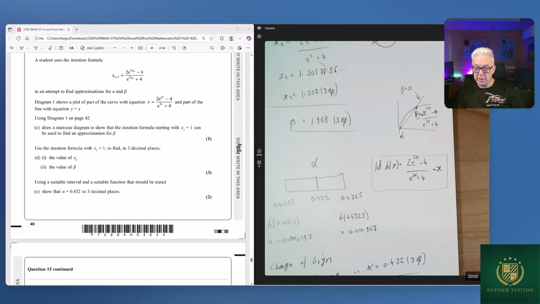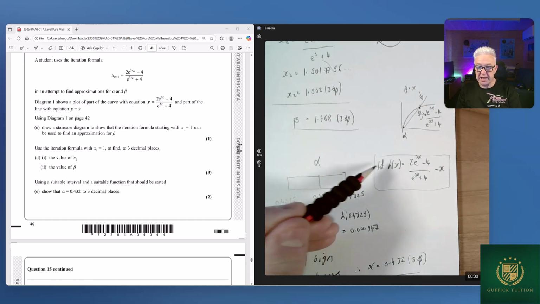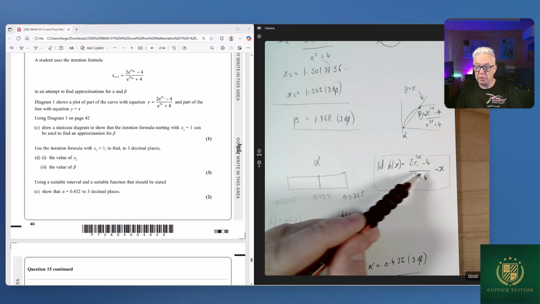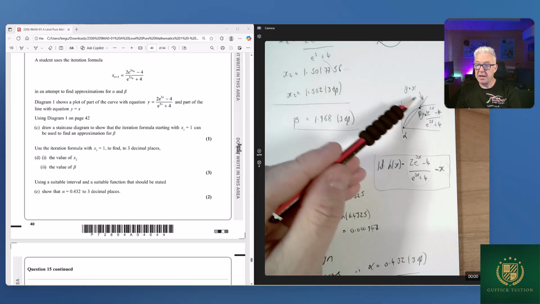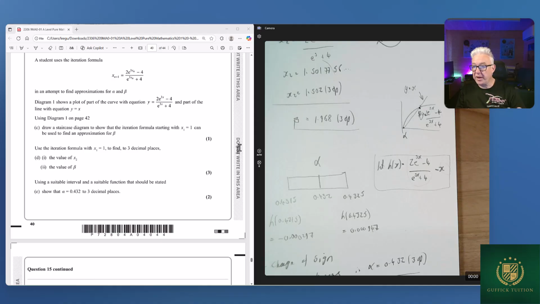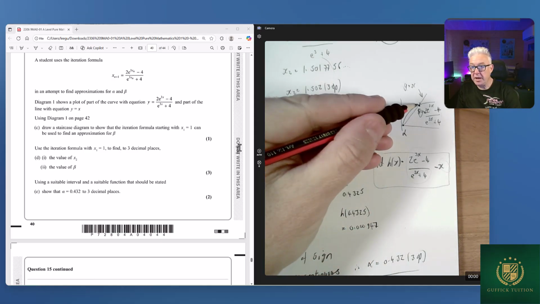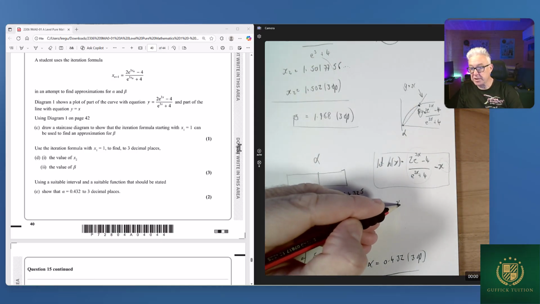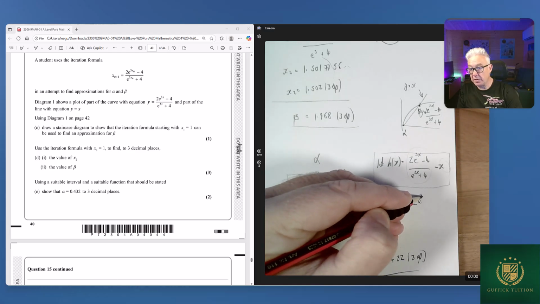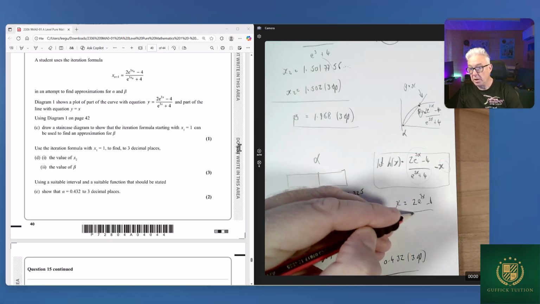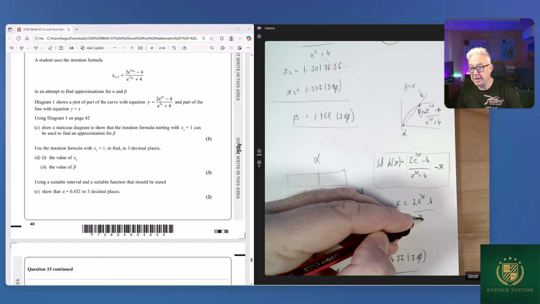So what we need to do is define a function. So we're going to say let h of x equal the function take away the line. So you get the whole thing over to one side, because alpha and beta are solutions to x is equal to 2e to the 3x minus 4 over e to the 3x add 4.